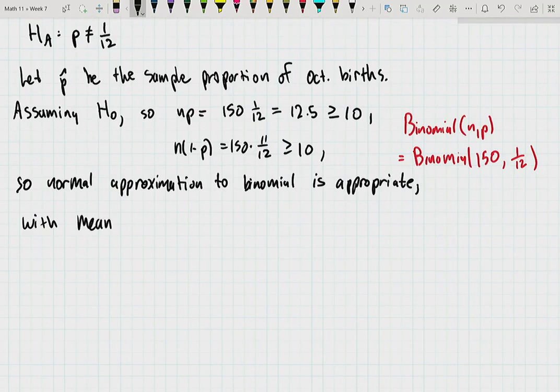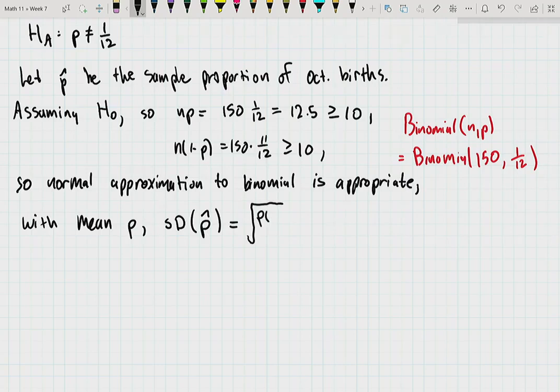And so the mean of this binomial, which is approximately a normal distribution, is p. And the standard deviation of our sample statistic is, this is one of the formulas we were doing back when we were talking about the central limit theorem and binomial distributions.